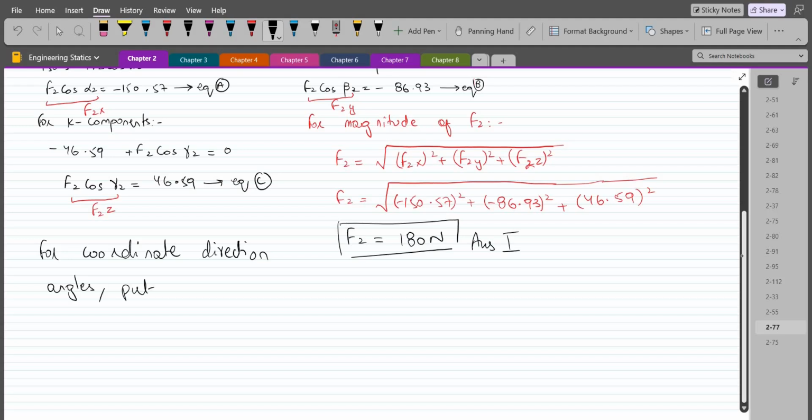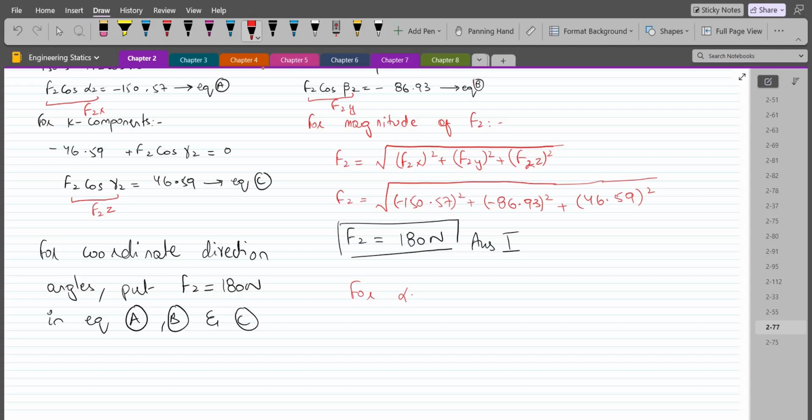Put F2 equals 180 newtons in equations A, B, and C. For alpha 2, consider equation A. From equation A, we have cos alpha 2 equals negative 150.57 divided by F2, which is 180.